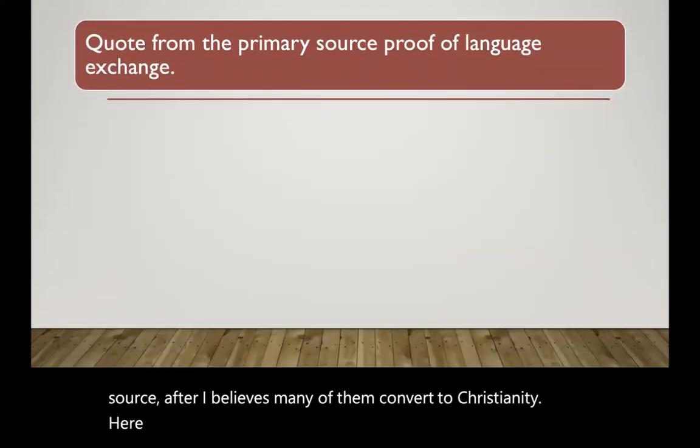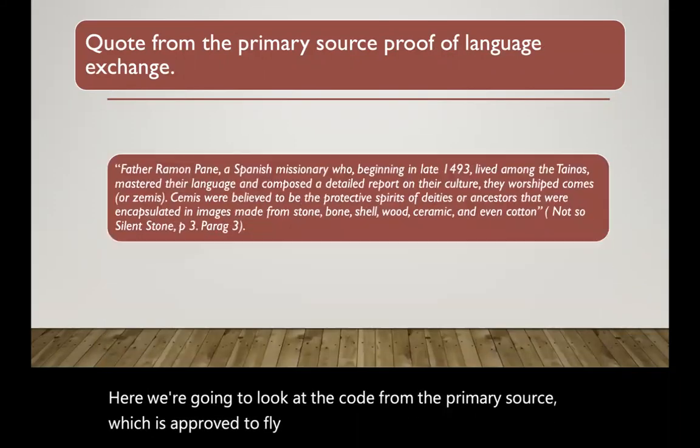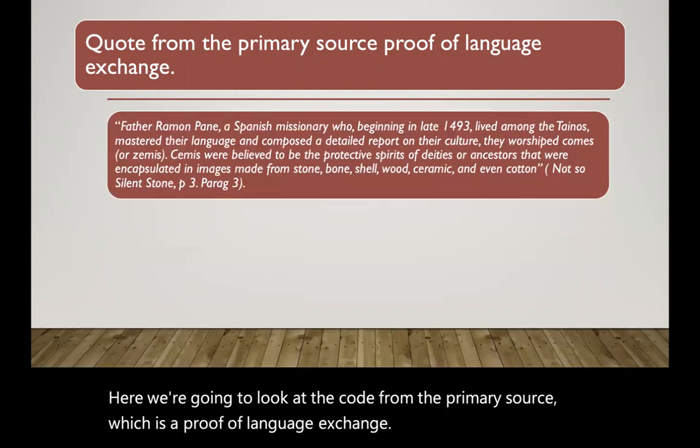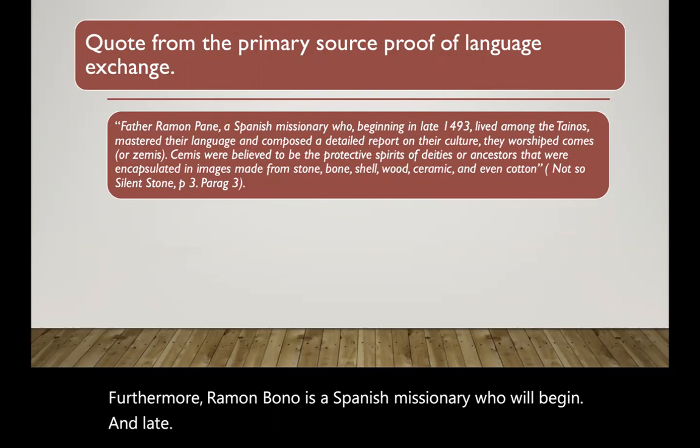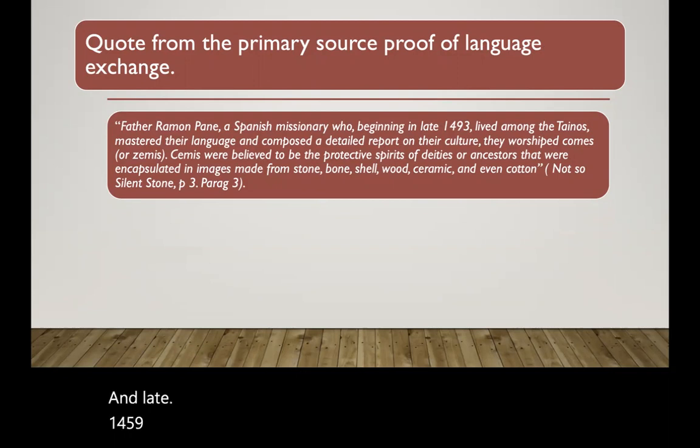Here we're going to look at the quote from the primary source, which is proof of language exchange. Father Ramon Pane is a Spanish missionary who began in late 1493. He lived among the Taino.